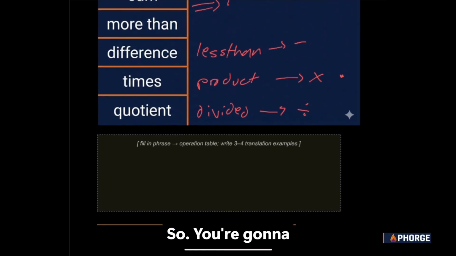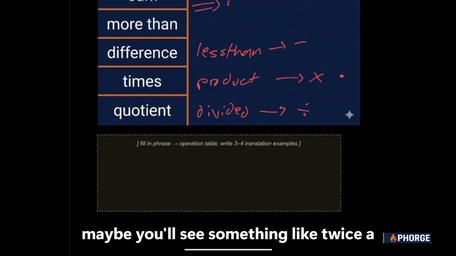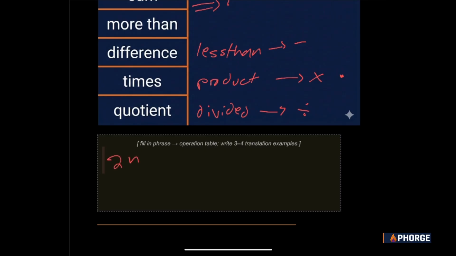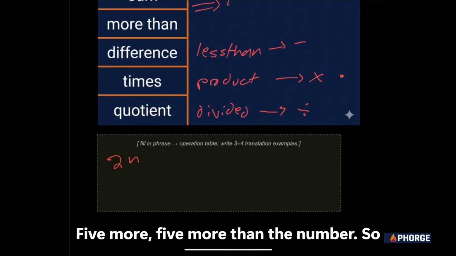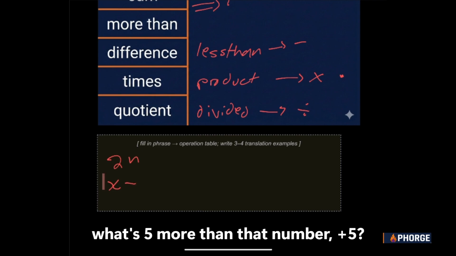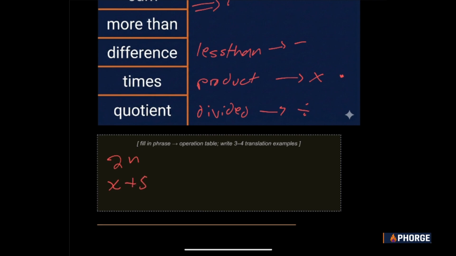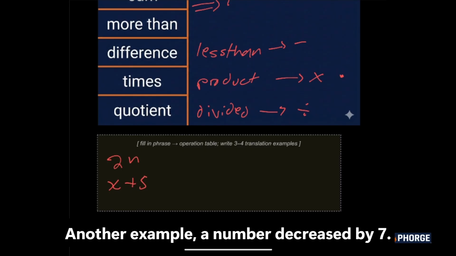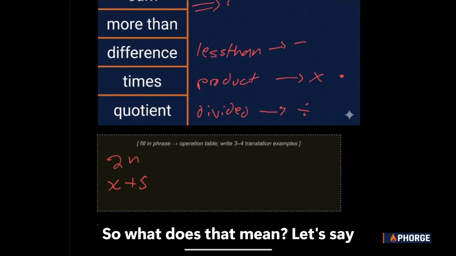So maybe you'll see something like twice a number, so 2n. 5 more than a number: we'll use x as our number, and what's 5 more than that number? x plus 5. Another example, a number decreased by 7. What does that mean?